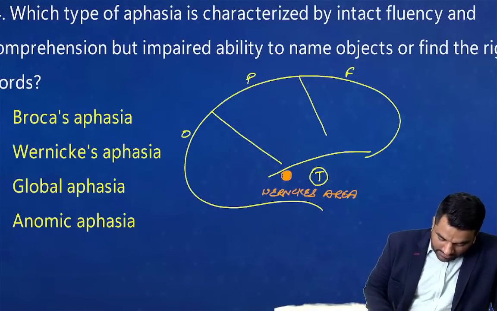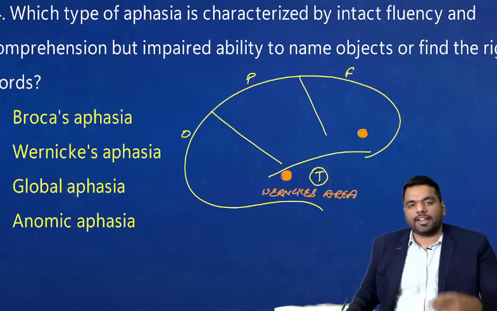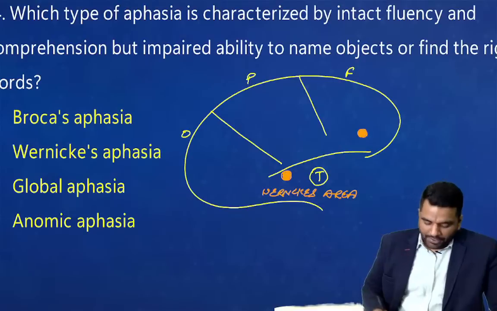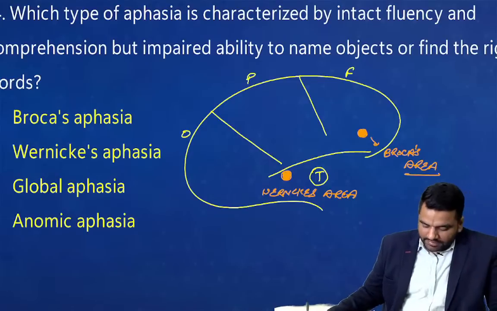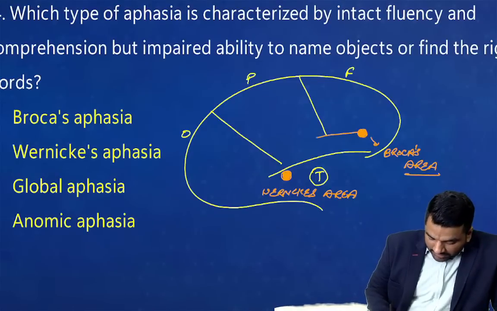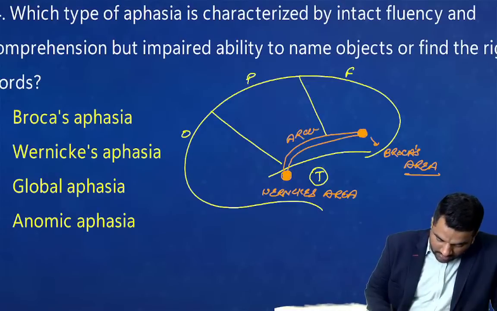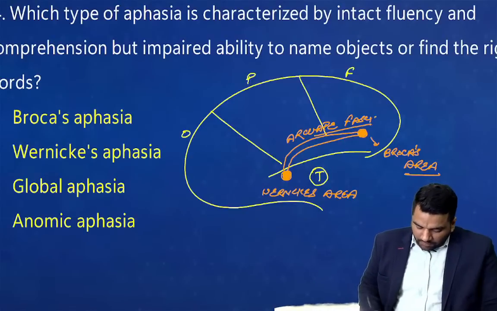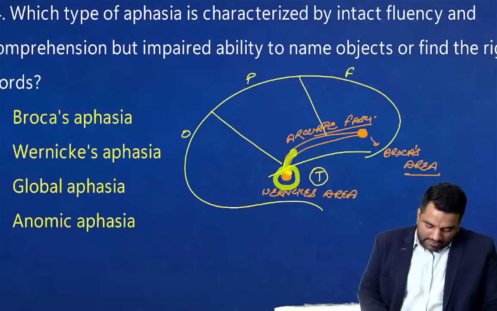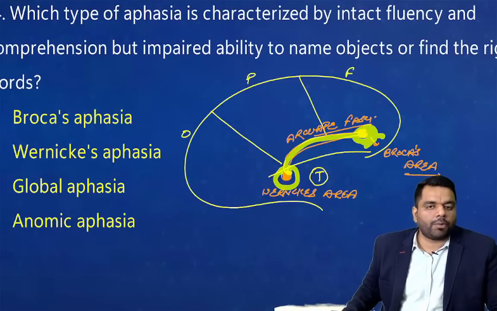Then another center is present over here, due to which I am speaking. You are listening due to this area and I am speaking due to this area, and this is called Broca's area. Both are connected together via the arcuate fasciculus. First somebody listens, and then accordingly he answers appropriately.